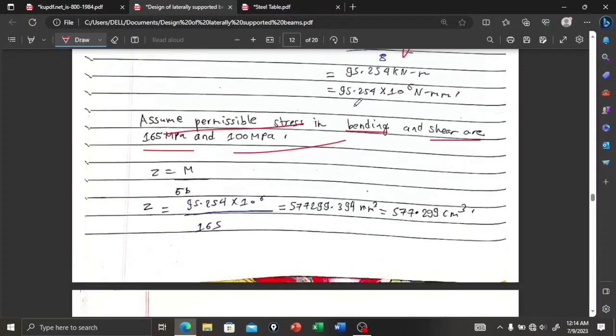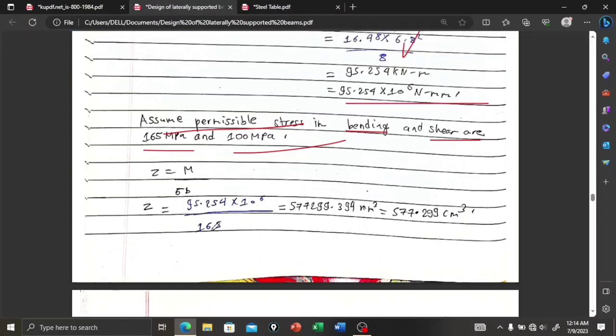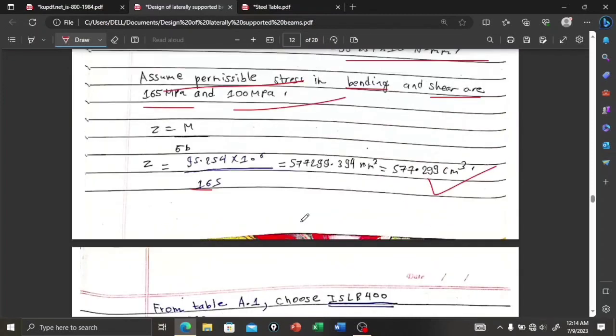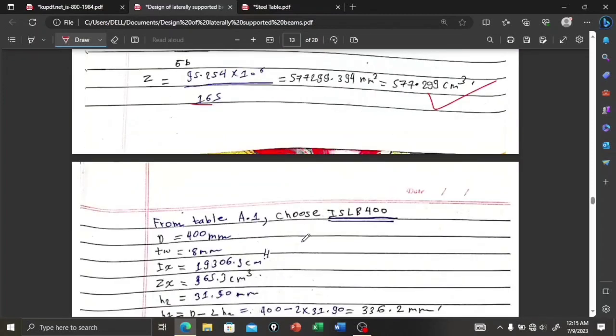M is 95.254 into 10 power 6 and sigma b is 165, so Z is 577.299 centimeter cube. We choose a value of Z higher than 577, so 965 we choose.